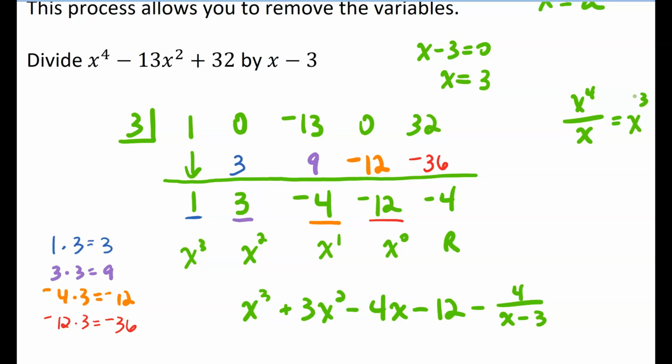Yes, Al? Is this one of those things that'll be on a test, or is that a matter of preference? You might specifically be asked to use synthetic division, but you want to know it because you're building on it all the time in higher level math.